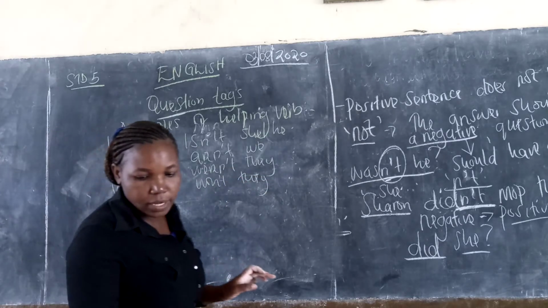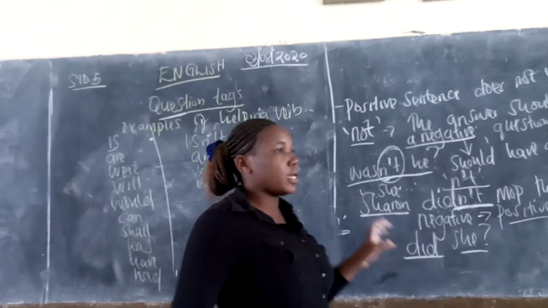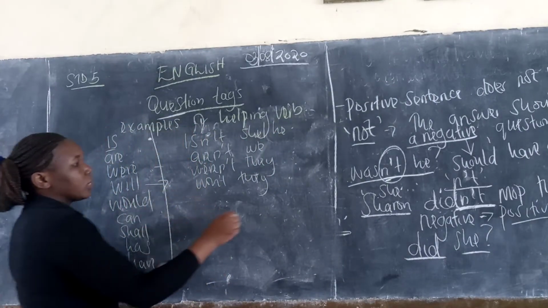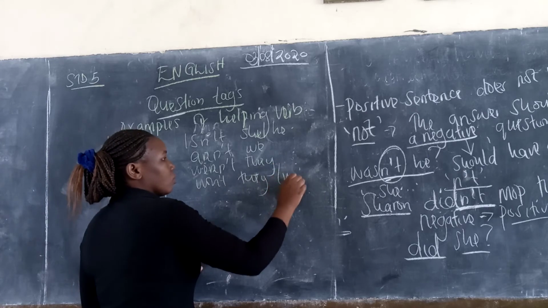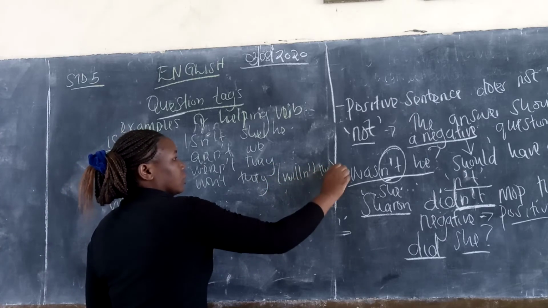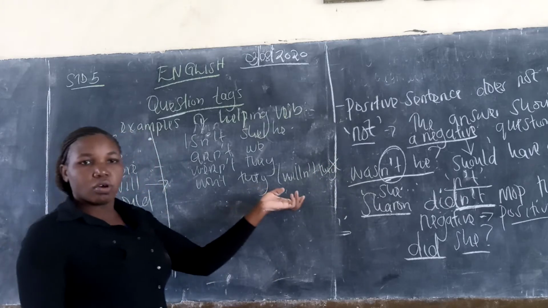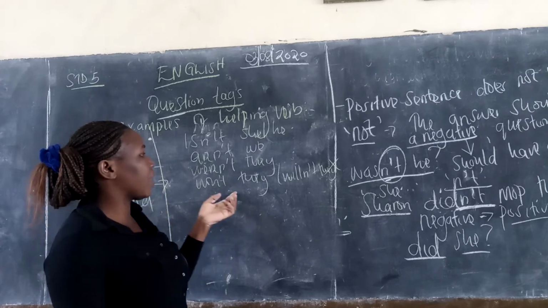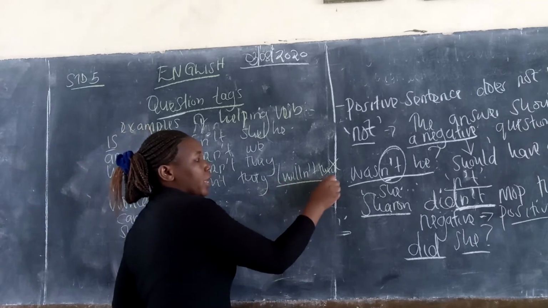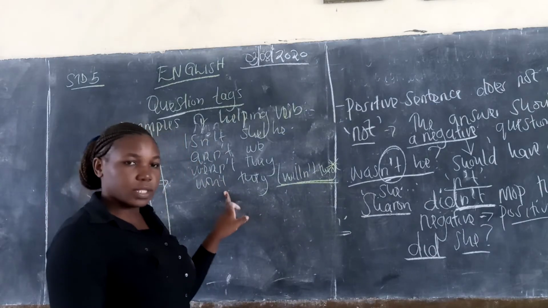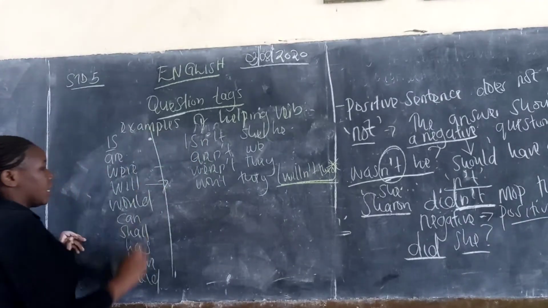There is no word in English where you can say willn't they. It is wrong. We just say won't they instead.